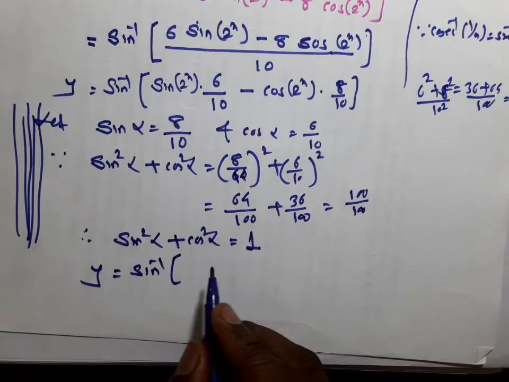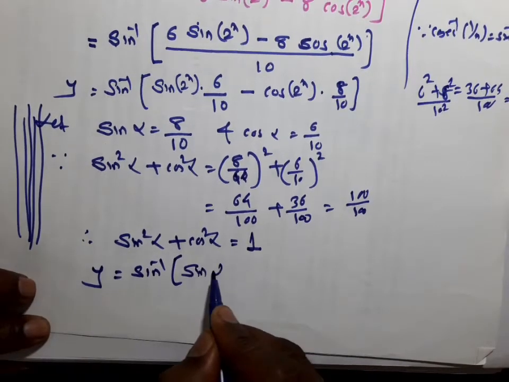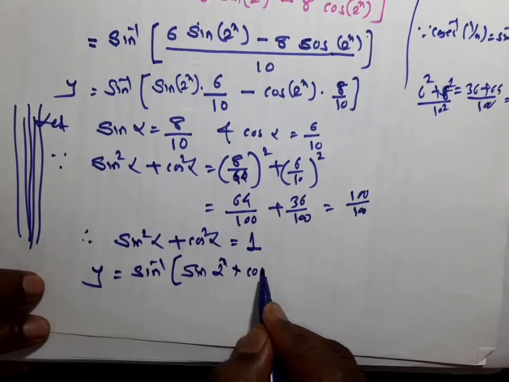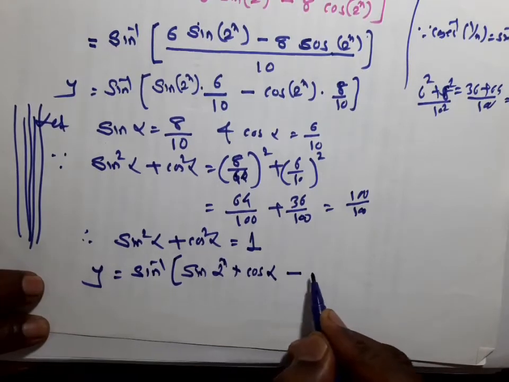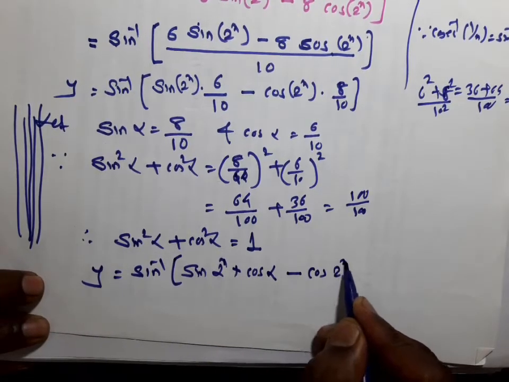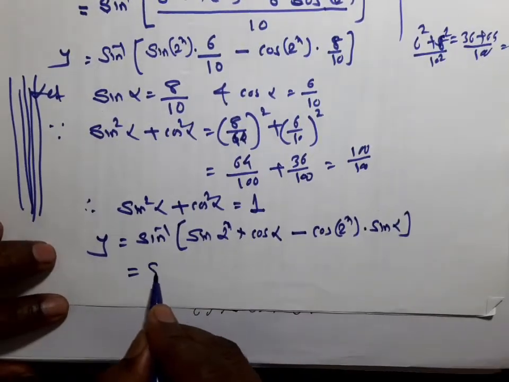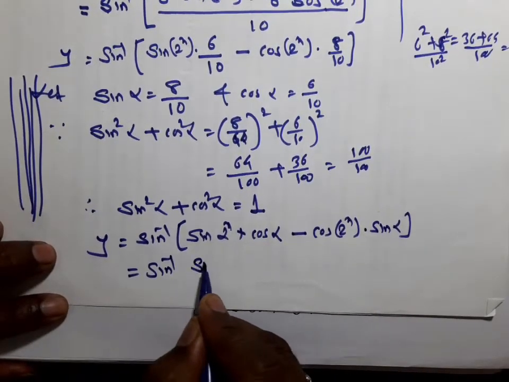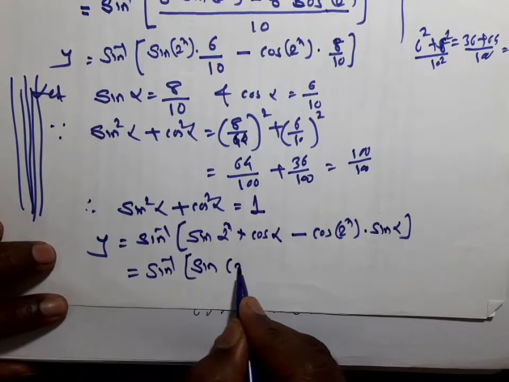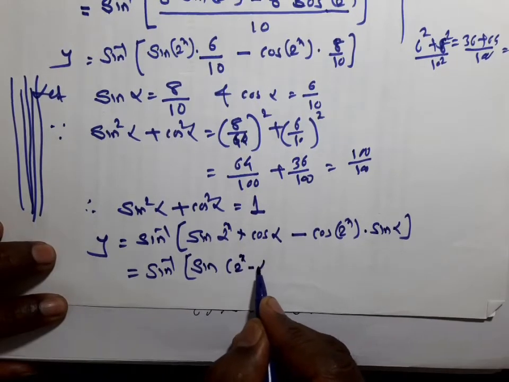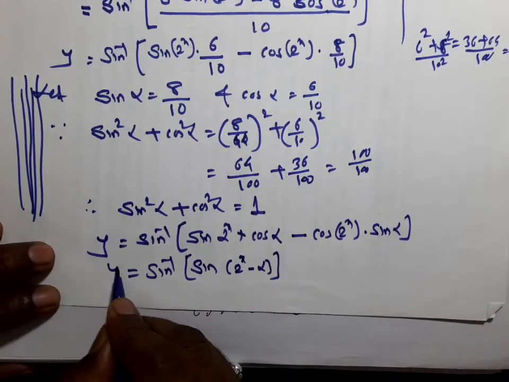Then it will be sine 2 raised to x into cos alpha minus cos 2 raised to x into sine alpha. And this will be sine of (2 raised to x minus alpha).